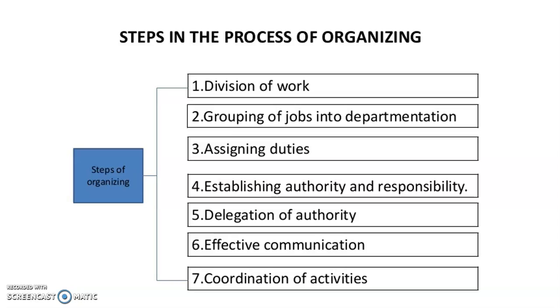Division of work needs to be done, who will be doing what, what different types of works are there in the organization. Then grouping of jobs into departmentation. It means depending upon what type of work is there in the organization, different departments are created.